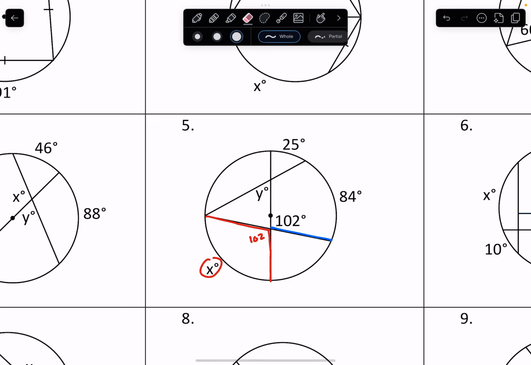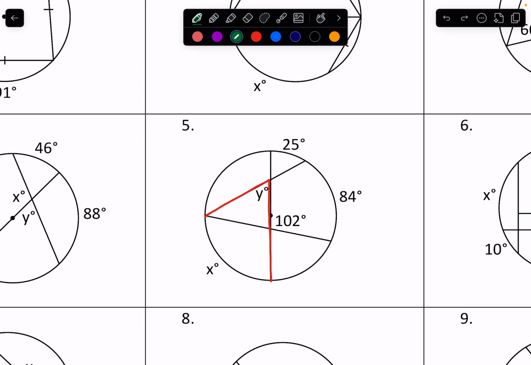Y has all sorts of other stuff going on. When I look at y, it is this angle right here, which is connected to this arc. So I guess once I know x, maybe I can find y using the same rule, because y is going to be half of 25 plus x, since those are two other intersecting chords.